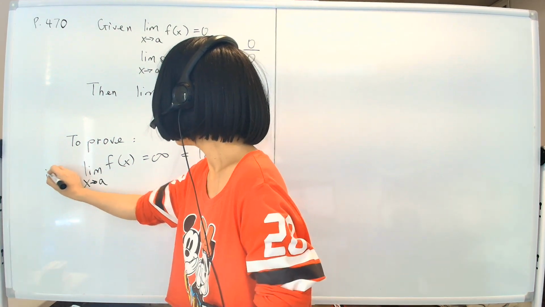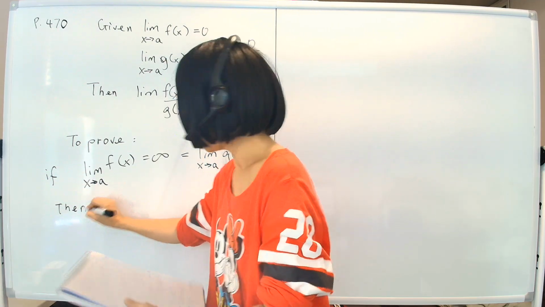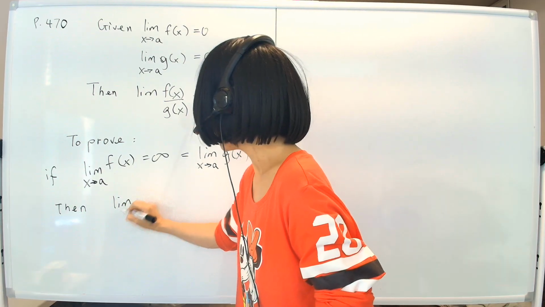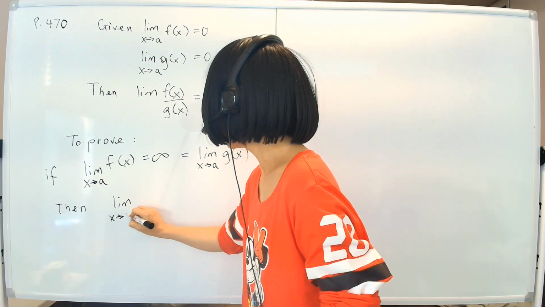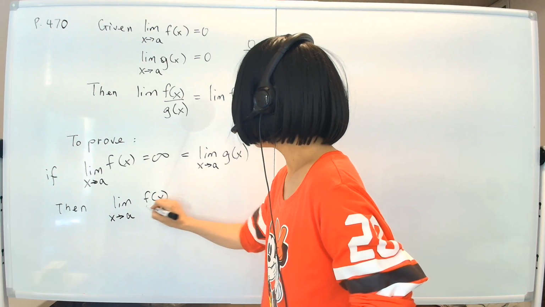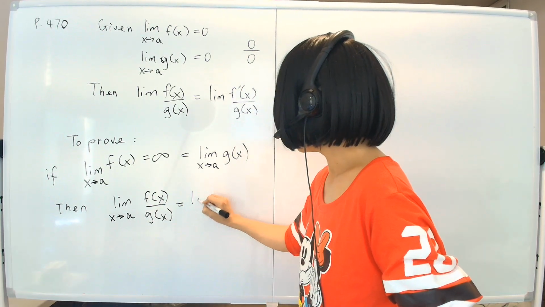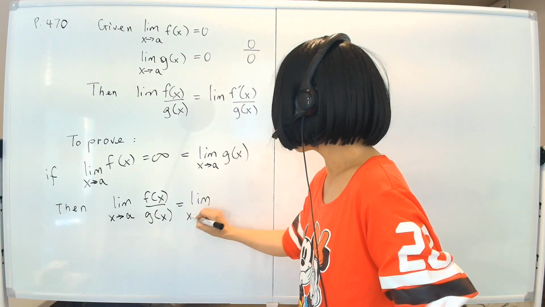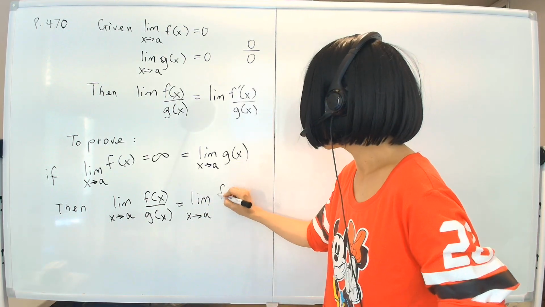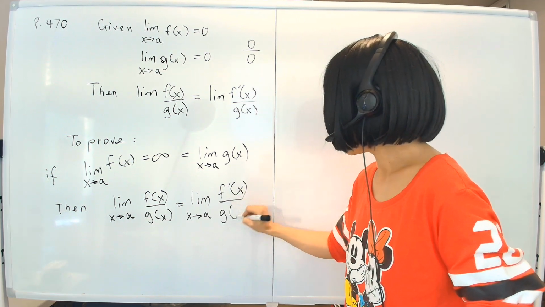If this is true, then the infinity case also applies: as x approaches a, the ratio of the two functions is the same as the ratio of their derivatives. This is the infinity case of the L'Hopital's rule. So that's what we're trying to prove.